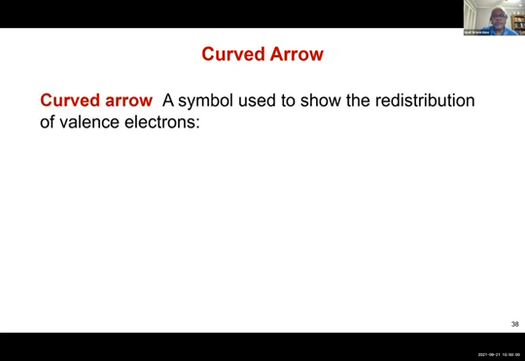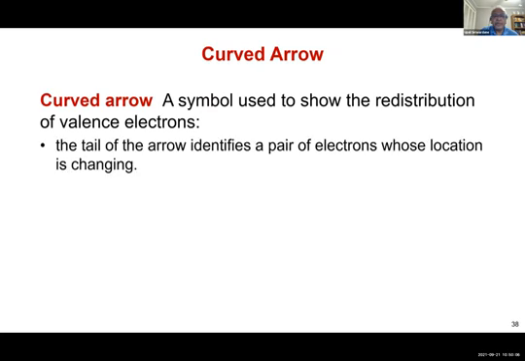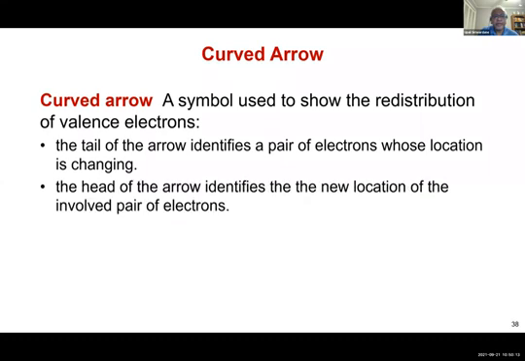We also use a curved arrow to show movement of electrons in the resonance structures. Curved arrows show the redistribution of valence electrons in resonance structures. The tail of the arrow identifies the pair of electrons whose location is changing.